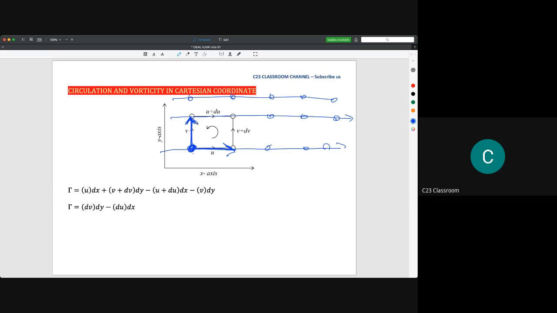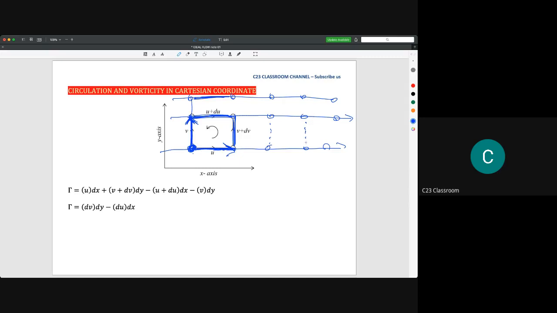And then we assume that the velocity at this point and the velocity at this point are different. Also, the velocity at this point is also different, and so on and so forth. And again, the v velocity here is different from the v velocity here, and different from here, and different from here. It is just to make sure that our calculation is very unique.